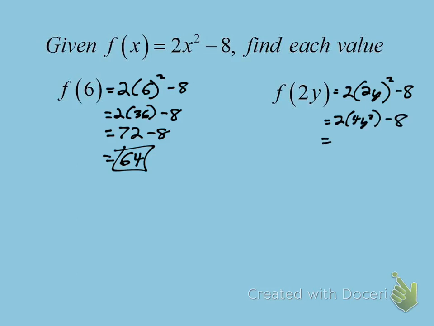And then what's 2 times 4y squared? 8y squared. So 8y squared minus 8. Are those like terms? No, they're not. So you're done.